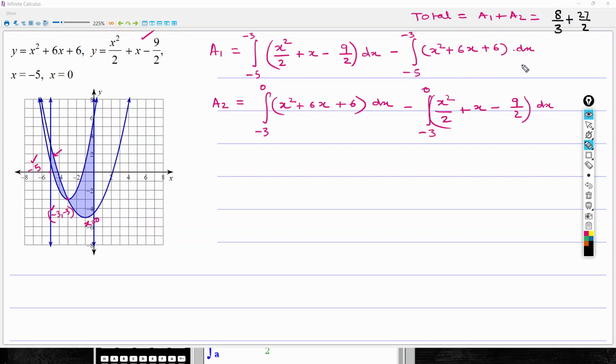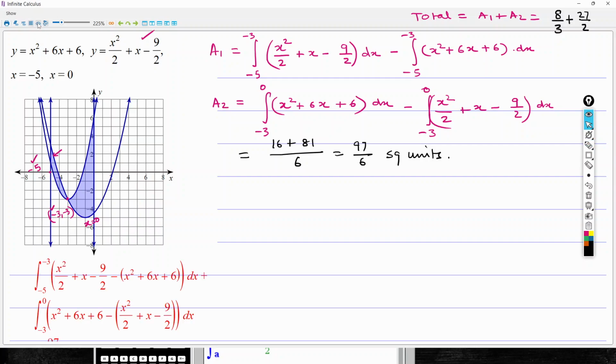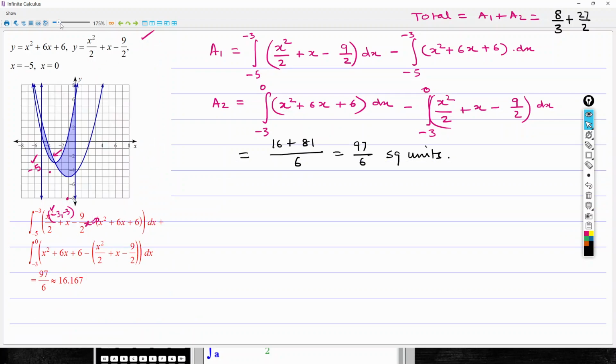And when we add them together, that will be our total area. I think that should be our answer. Let's see if this is correct. And it is correct.